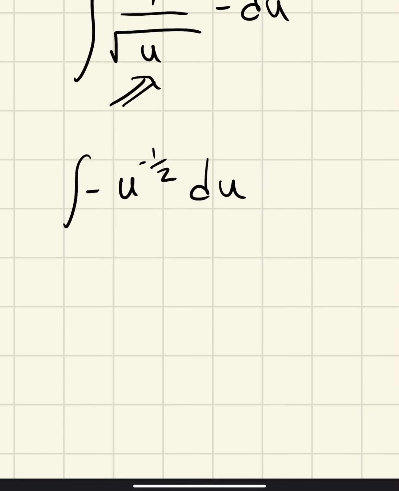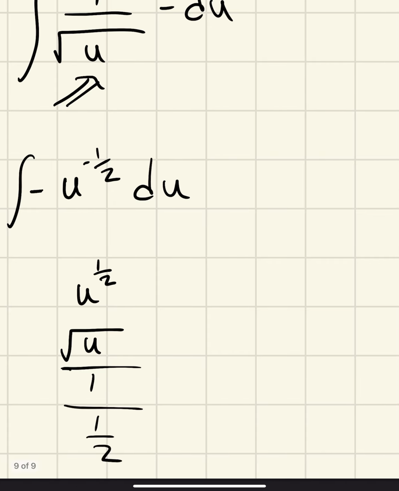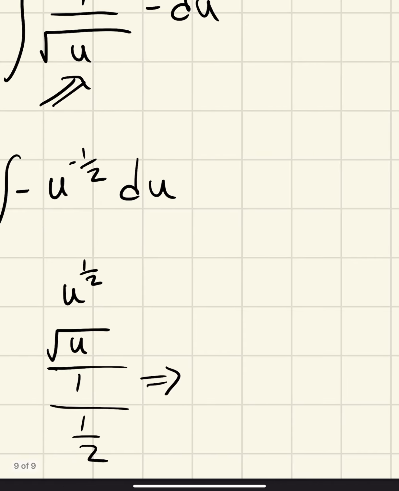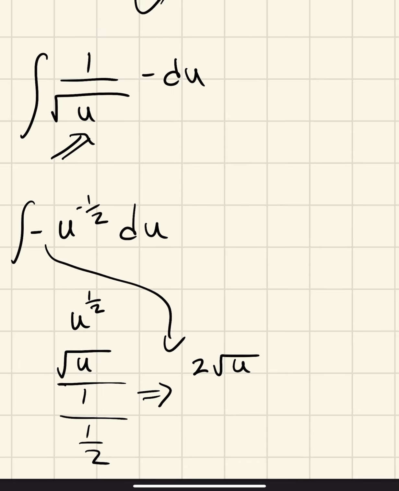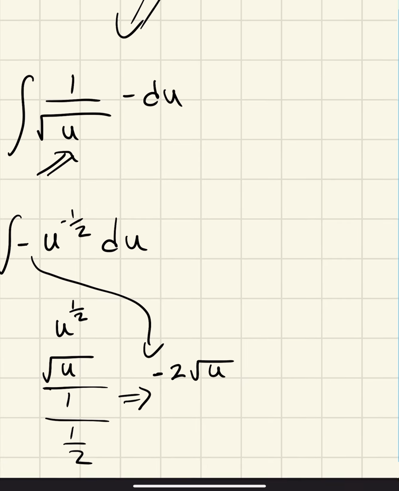So we're going to add 1 to the negative 1/2, which makes it u to the 1 over 2, which is the same thing as root u. Keep the negative, and we're going to divide by 1 over 2, which means you keep, change, flip, which makes this 2 root u, and we can't forget that negative: negative 2 root u.